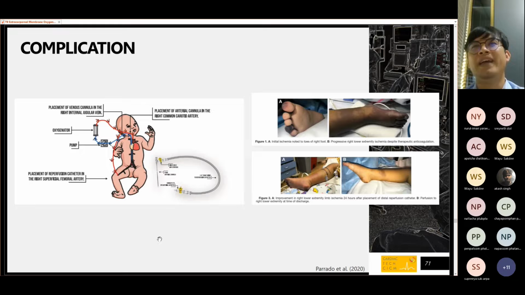It's just a small catheter, but it disturbs the flow to the distal part.